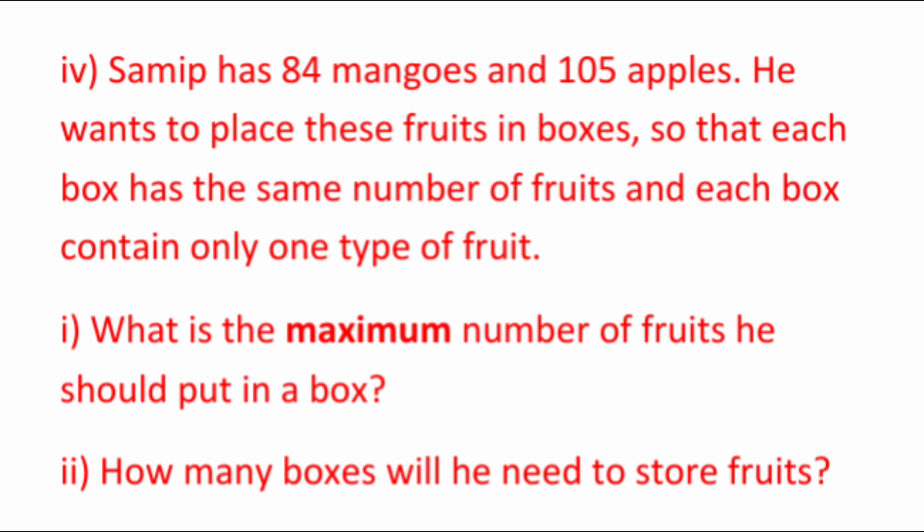Here Samip wants to make separate boxes of fruits and each box has the same number of fruits. And what is the maximum number of fruits he can put in a box? For that purpose we will calculate here SCF and we will calculate the count of fruits. Then we will calculate the number of boxes that he will need to store fruits.